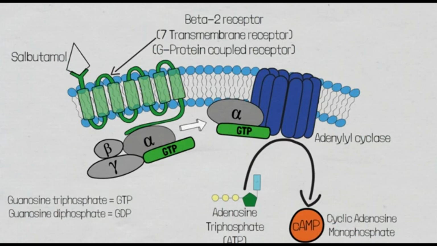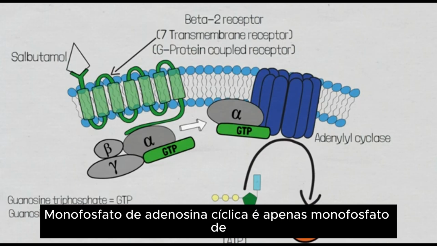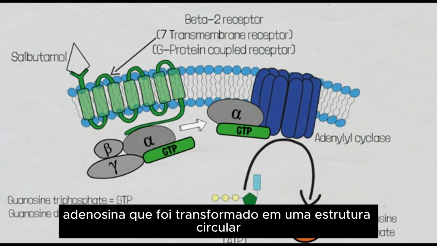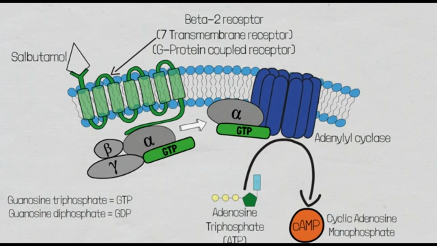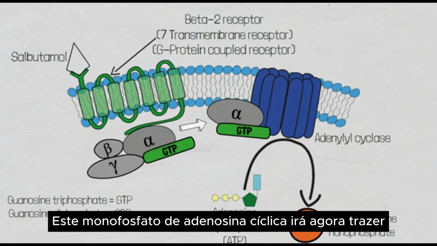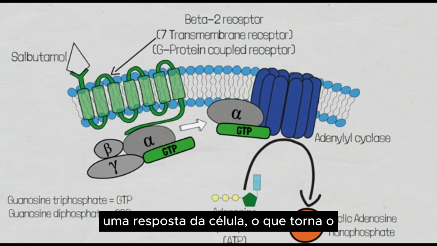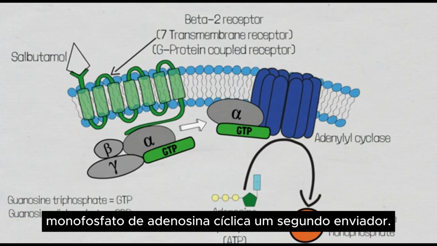Cyclic adenosine monophosphate is just adenosine monophosphate that has been transformed into a circular structure with bonds by adenylate cyclase. This cyclic AMP will now bring about a response from the cell, which makes cyclic AMP a second messenger.